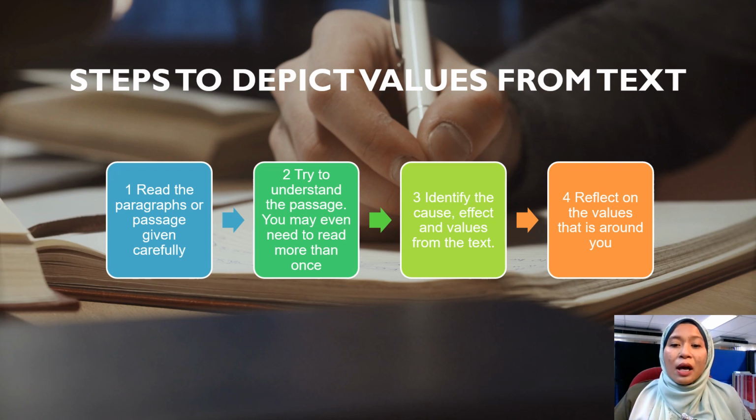Number 3, identify the cause, effect, and values from the text. You can also highlight the words, for example the linking words that show the relationship of the cause and effect, and also underline the values identified in the paragraphs. And number 4, you should reflect on the values that are around you.